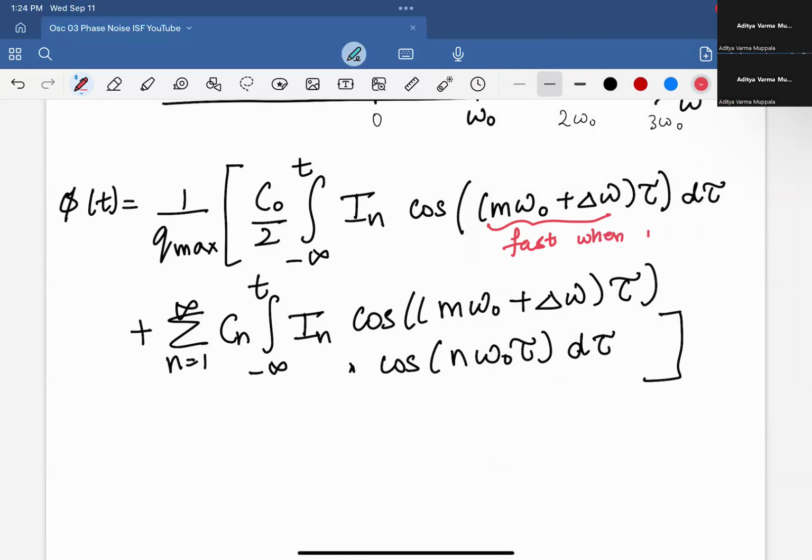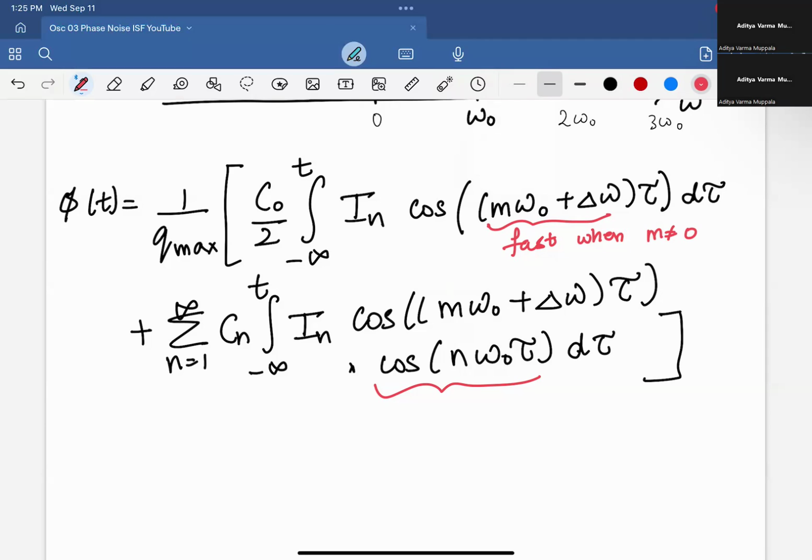And in this case, when you take the product of these two functions, you end up with a sum term and a difference term. The sum term, let's ignore. The sum term you can ignore because m plus n is going to be very large. That'll be a very high frequency term.